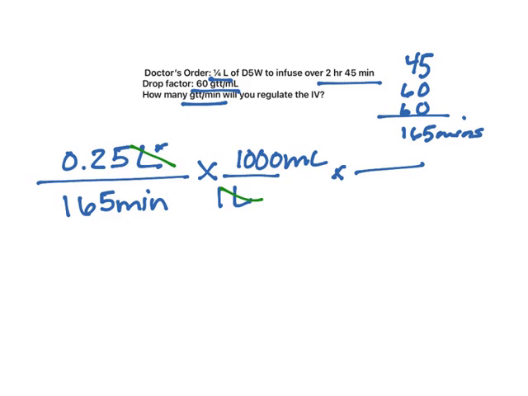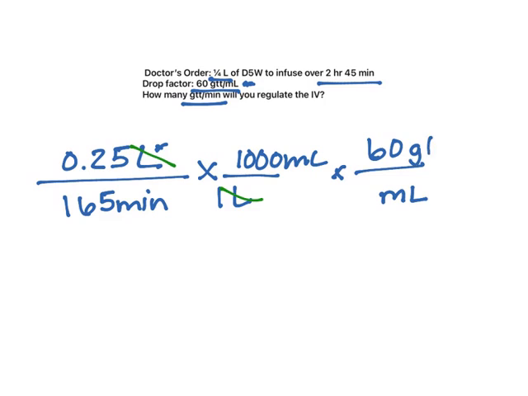So now our mLs, we can go back to our problem up here. So we've got 1 ml on the bottom, and then we've got 60 GTTs on the top. So our mLs is going to cancel out, and we're left with GTTs per minute.